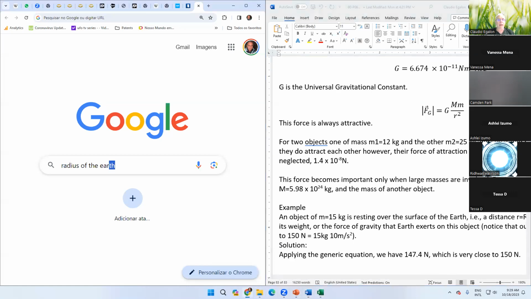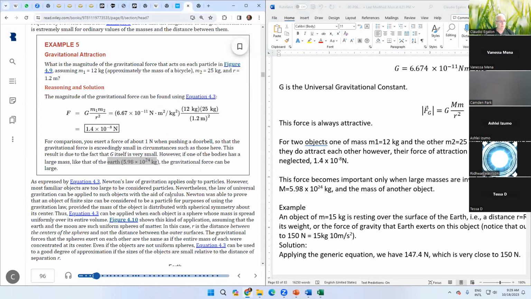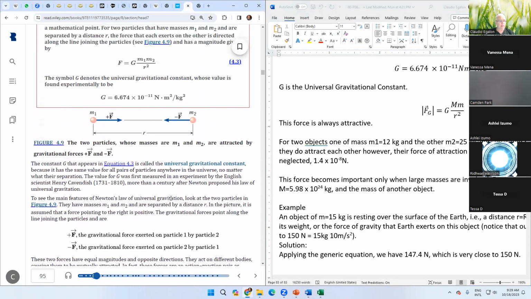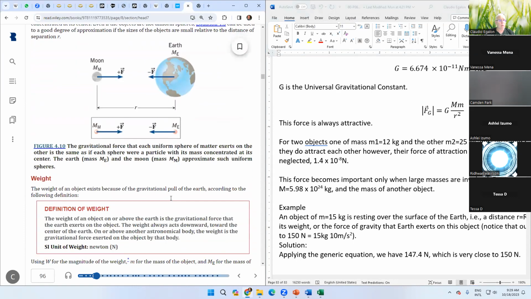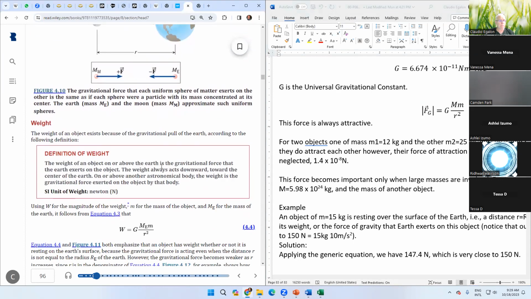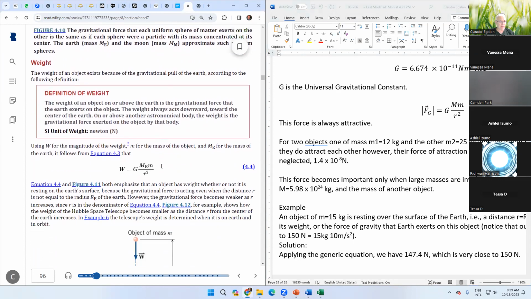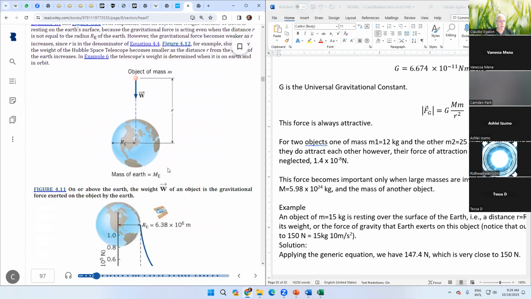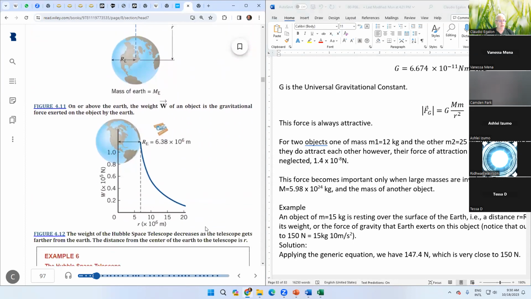Let's take a look at the hook again. There you go. There's an example. You can also calculate the force that Earth exerts on the moon, if you know the mass of the moon and the mass of the Earth. Here, that's how the gravitational force decreases.